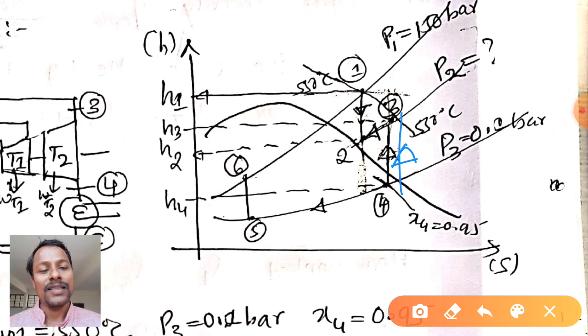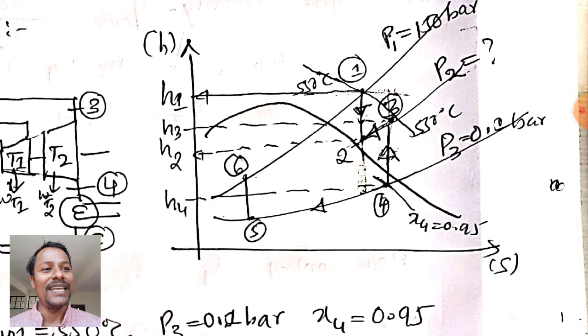Since the problem statement does not involve the temperature of the steam after reheating, I will assume it as 550 degrees Celsius only. So that is a 550 degrees Celsius constant temperature line. Wherever this vertical upward line and the 550 degrees Celsius line intersect, I can mark this as state point 3. Once I get state point 3, then I have to get state point 2 on this Mollier diagram.